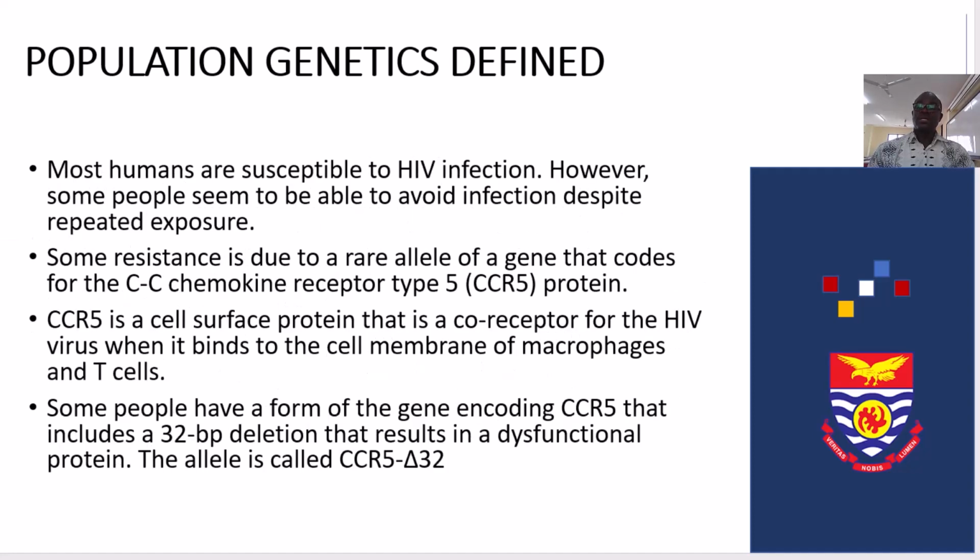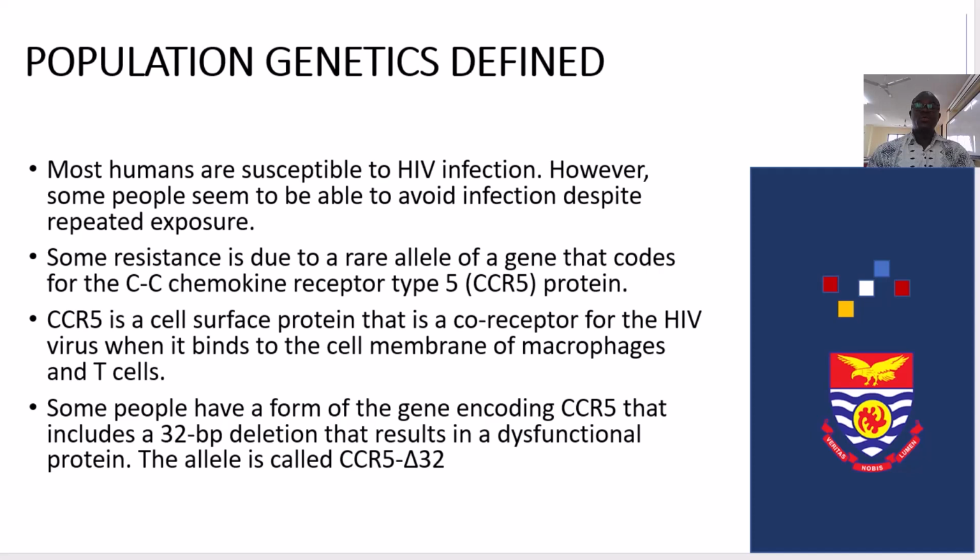So most humans are susceptible to HIV infection. However, some people seem to be able to avoid infection despite repeated exposure. Some resistance is due to a rare allele of a gene that codes for the CC chemokine receptor type 5 protein. The CC chemokine receptor type 5 is a cell surface protein that is a co-receptor for the HIV virus.